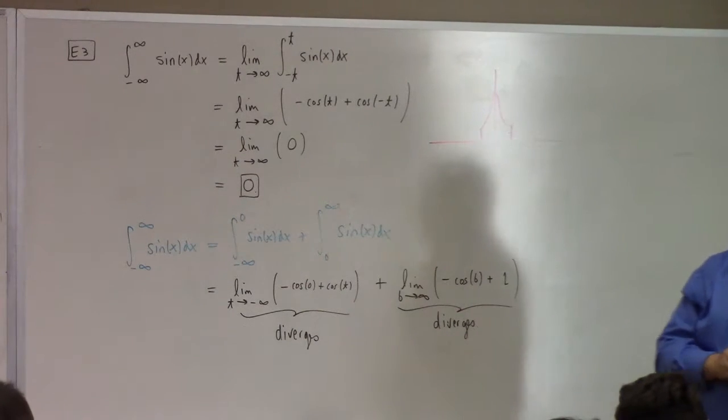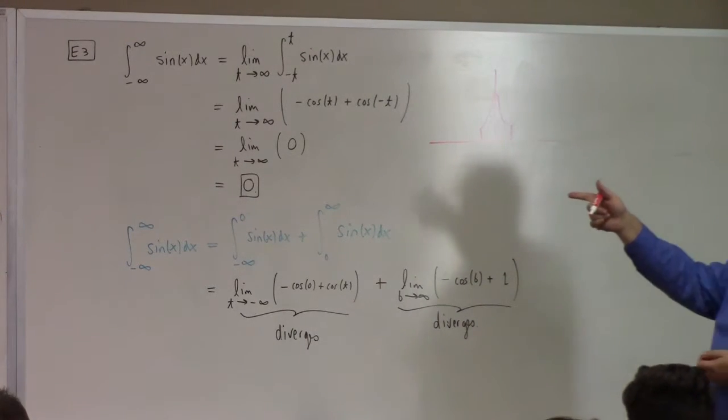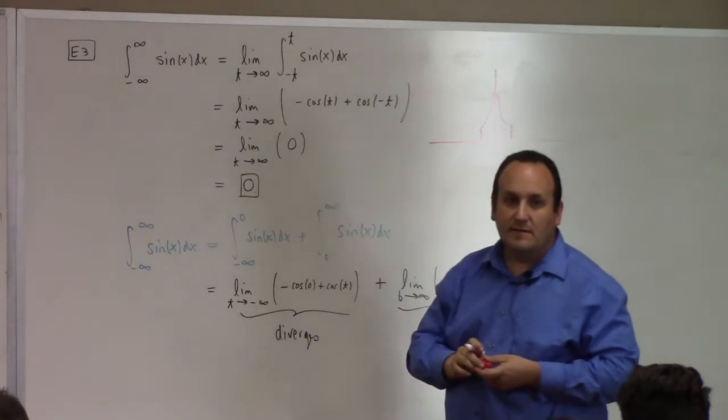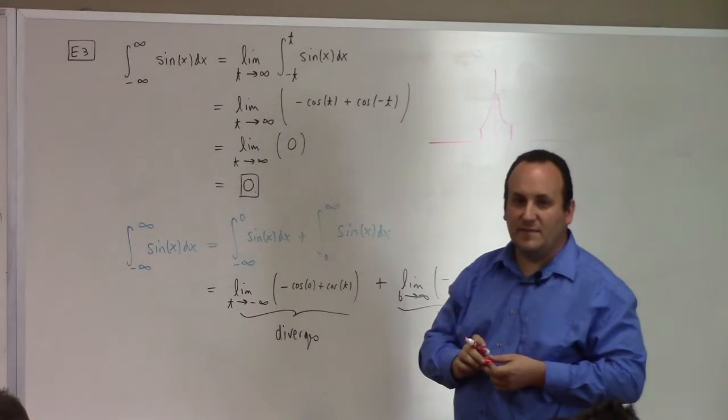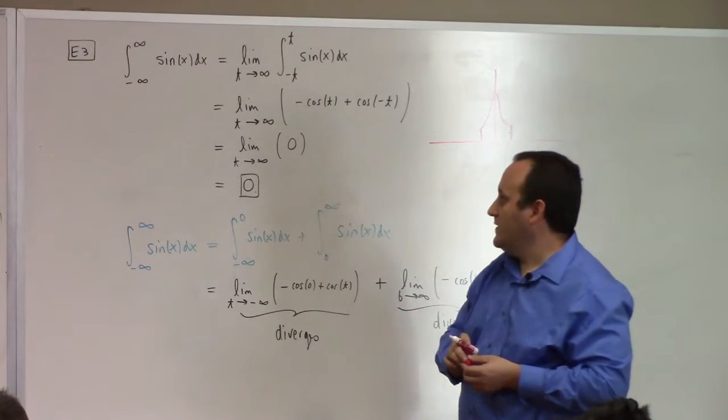That's a different limiting process than the definition. The reason this is 0 is because sine is odd, and the integral of any odd function about a symmetric interval of the origin is 0. This is a thing.